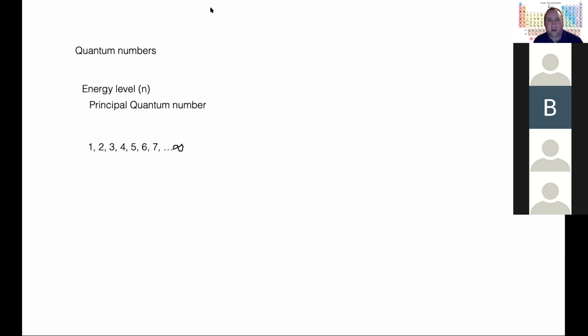The second tier of our cake here is the idea of sublevel. And that's given by the quantum number L, which is known more precisely as the angular momentum quantum number.